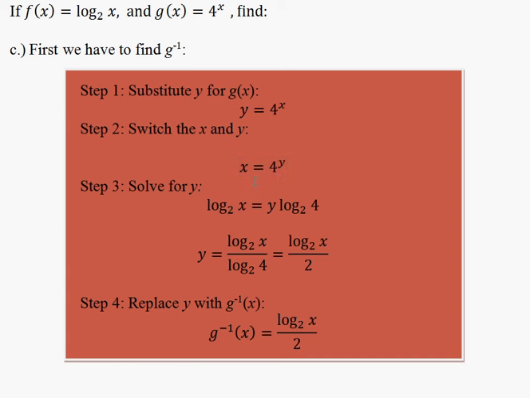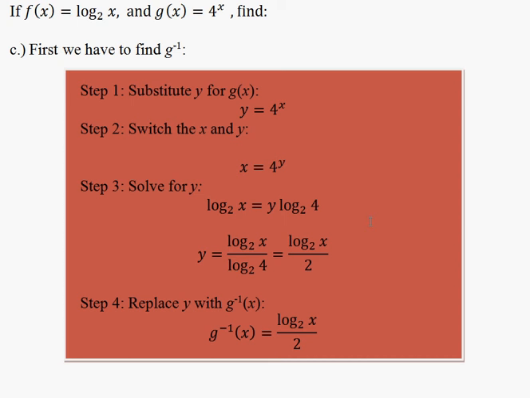When you have an exponent that is your variable that you're solving for, you need to take the log of both sides of the equation, because when I take the log of 4 to the y, by our logarithm laws, it will bring that y down in front. So I'll have y times log base 2 of 4 is equal to log base 2 of x. I'm using base 2 because that's what our other ones were given as.